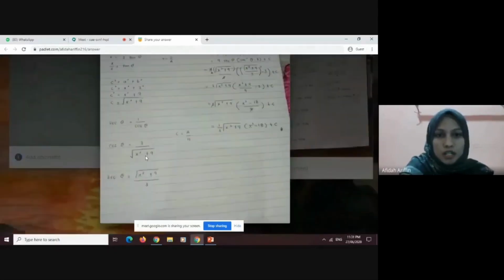After finding this value, she did some substitution here. And the last step, she integrated and made some substitution to find the final answer.